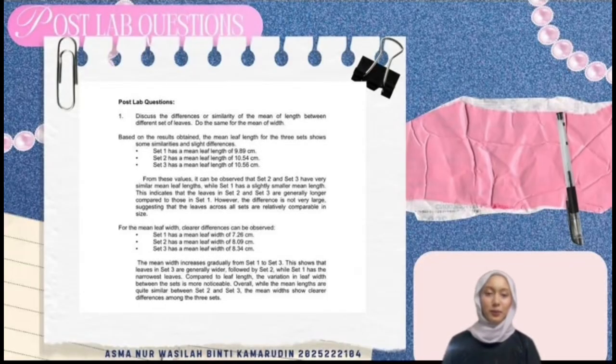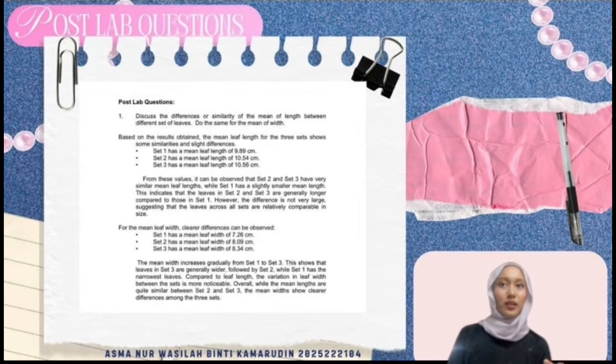So this is a 4-step question. Question number 1 is: discuss the differences or similarity of the mean of length between different sets of leaves, and do the same with the mean of width. Based on the result obtained, the mean leaf length for the 3 sets shows some similarity and slight differences.